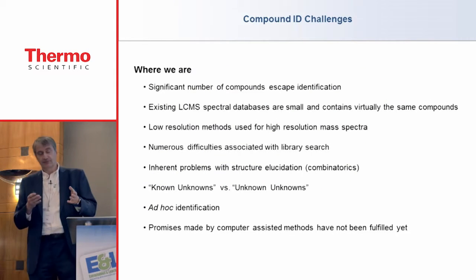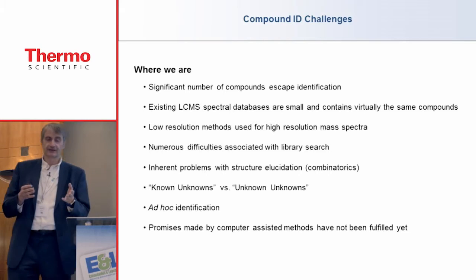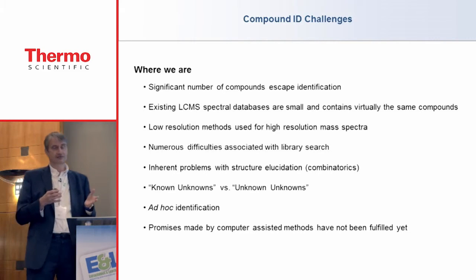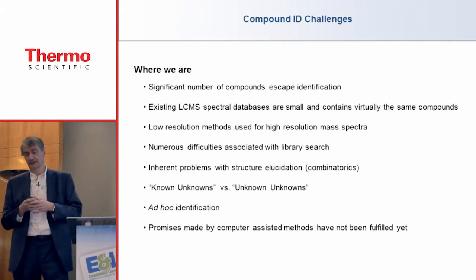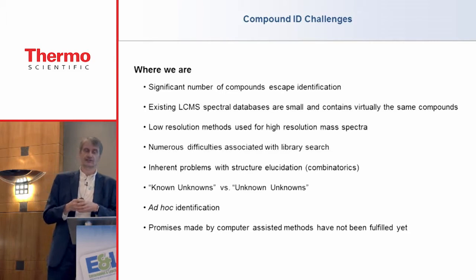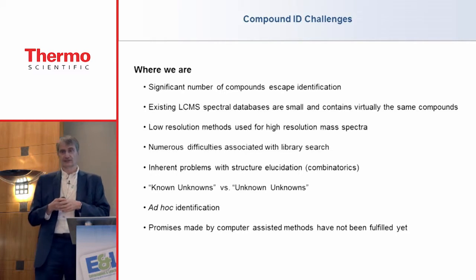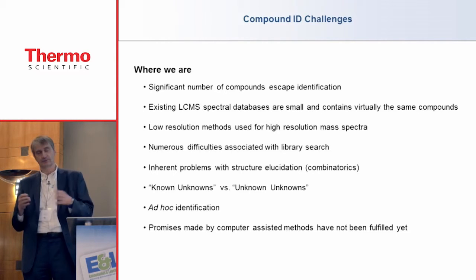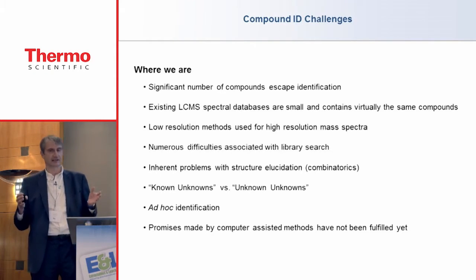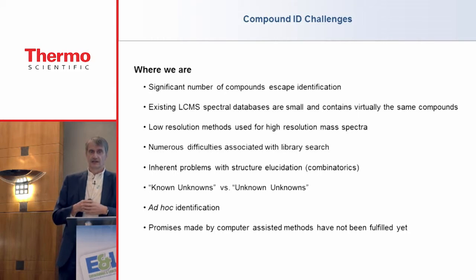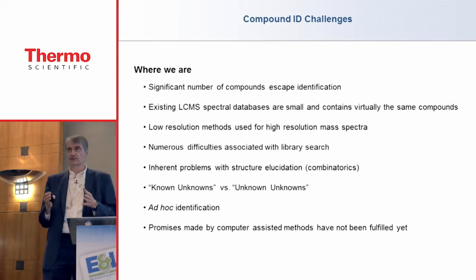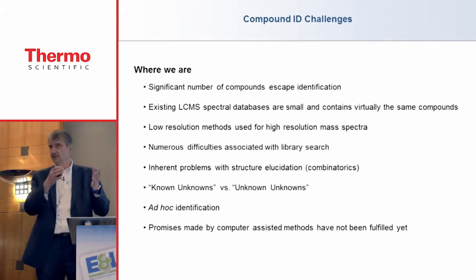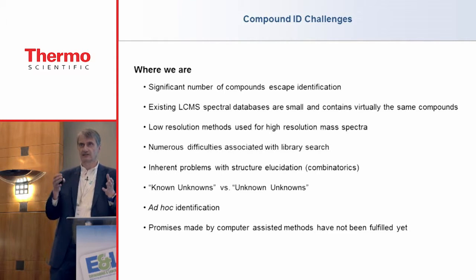Today, compound identification is a real bottleneck in the leachable and extractable area. However, this problem extends to various other scientific fields, whether metabolomics, environmental, and others. This is kind of a paradox, because we hear every day that there is a Mars rover analyzing the Mars soil.